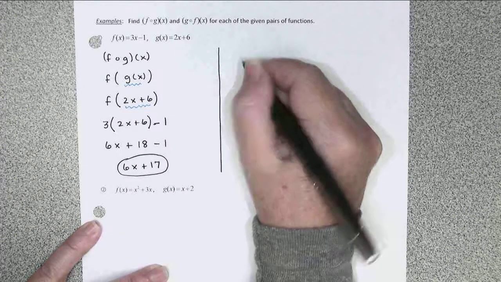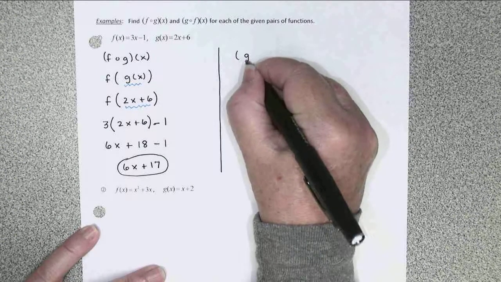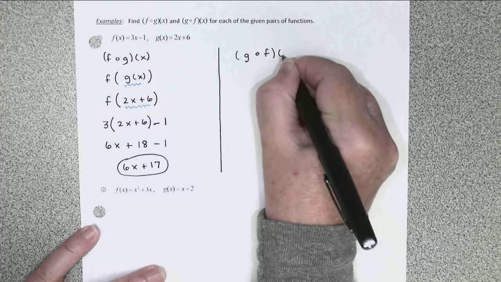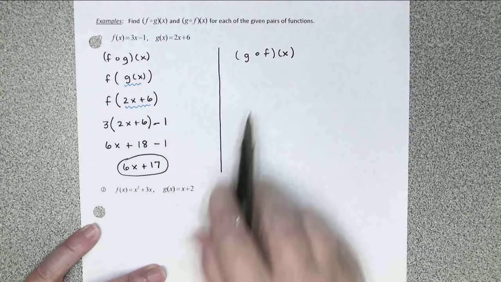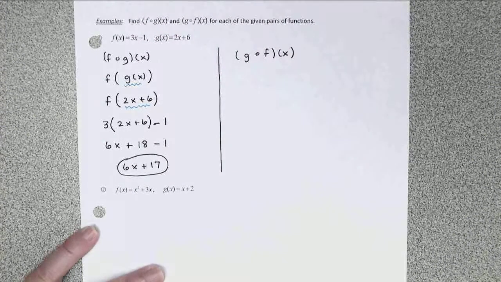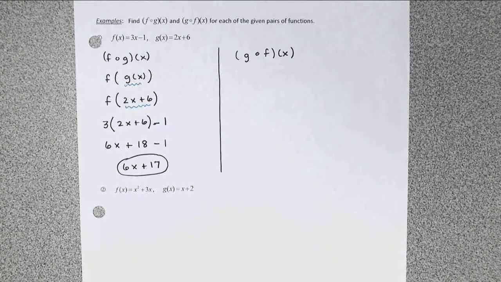I now want to ask the question, is it going to matter if I reverse the order of the composition, g composed with f of x? Mathematically, we get that fancy word, is composition commutative? Can you reverse the order without changing the answer? You all know that sometimes that works with certain mathematical functions and sometimes it doesn't, right?